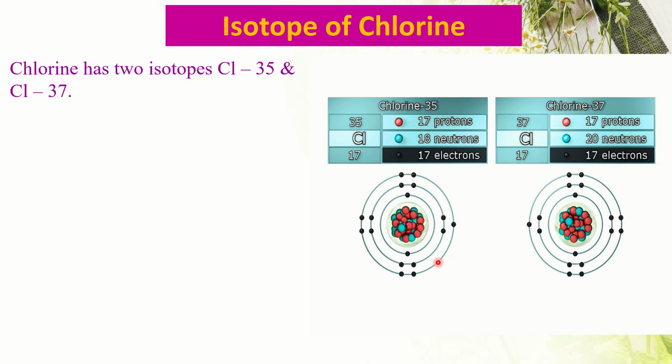But for chlorine, if we collect 100 chlorine atoms, we will see that 75 of them have 18 neutrons. That means their mass number is 35, but 25 have 20 neutrons. That means their mass number is 37. So these two isotopes are available in nature.